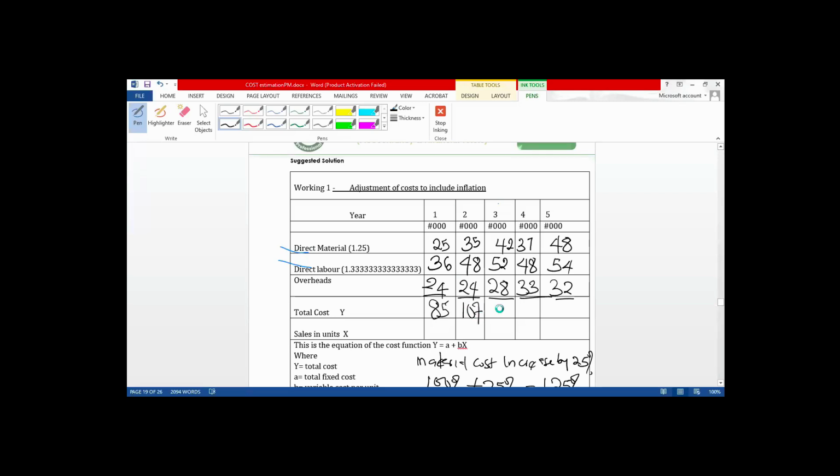What do you have here? 122. 118. 134. You have gotten your total cost with inflation included.